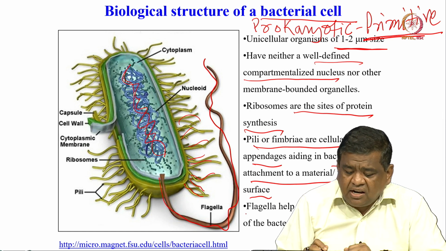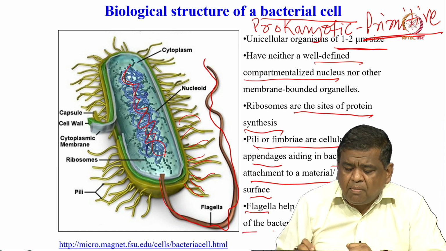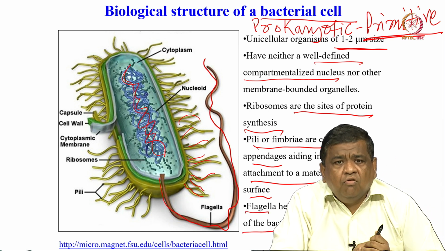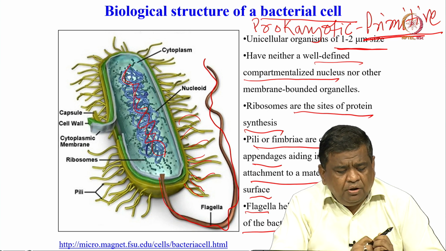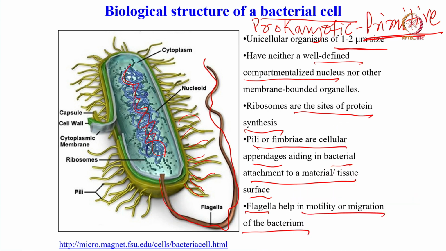Similarly, these flagella help in the motility or migration of the bacterium over distances on any synthetic surface. So, this is essentially a very brief description of a bacterial cell. I said it is called a prokaryotic cell, that is a primitive cell, like it does not have all the cellular organelles in the most matured shape and morphology.